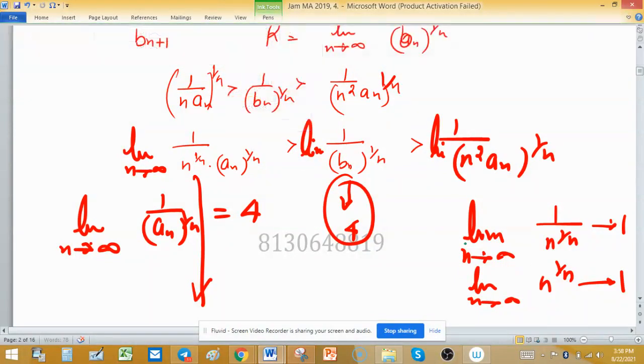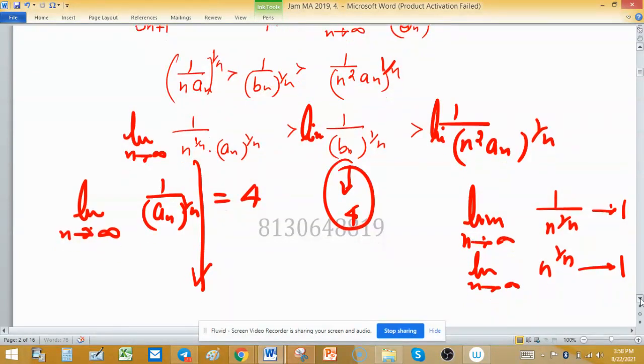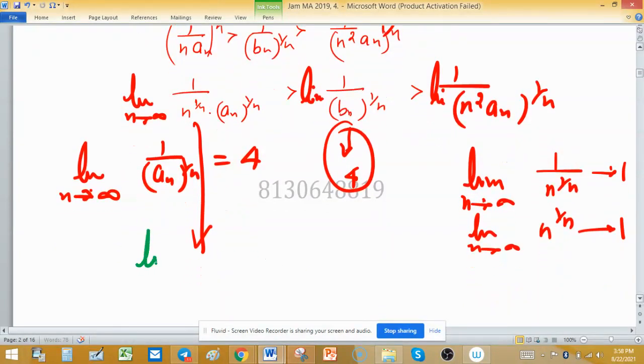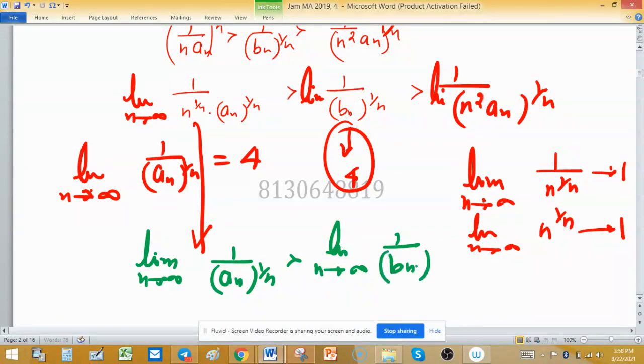So what we have, this will become limit n tends to infinity (1 upon an) raised to the power 1 upon n greater than limit n tends to infinity (1 upon bn) raised to the power 1 upon n less than 1 upon limit an raised to the power 1 upon n.